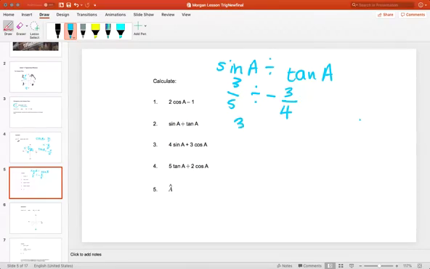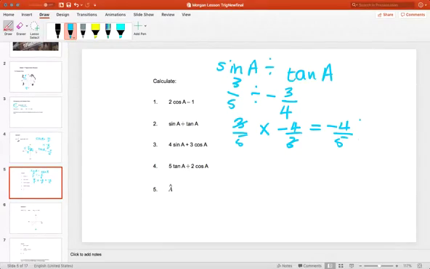Which then means we're going to say 3/5 times, remember the tip, negative 4/3. Now 3's will end up cancelling and we will be left with negative 4/5.